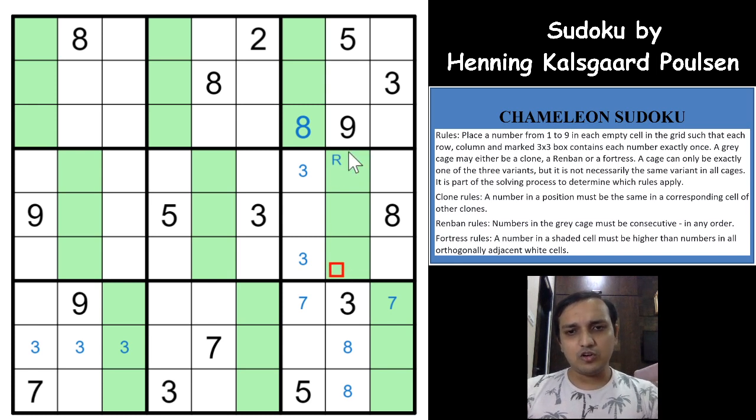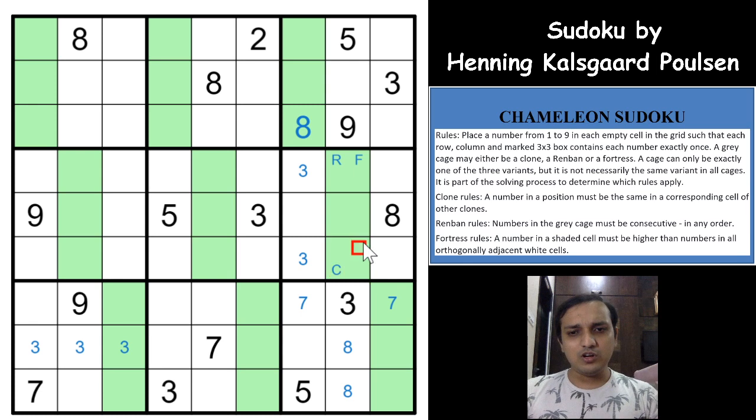So we have logically deduced that it cannot obey a Renban rule, and neither can it obey a fortress rule. Very easy to see this, because the number in the shaded cell should be greater than the numbers in the corresponding orthogonal white cells. So if you have an 8 in a white cell, the 9 has to be in the shaded cell, but you already have a 9 here, and you cannot have a 9 here, which means it doesn't obey a fortress rule, and it obeys a clone rule.